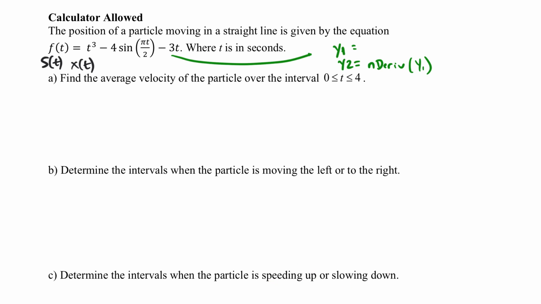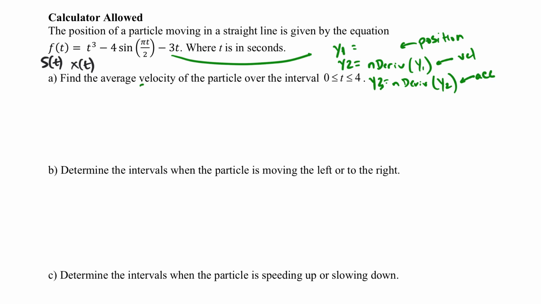We're going to need y3 to be nDeriv of y2. And let's clarify why. Over here, this is the position graph. This derivative of the position is going to give me my velocity, and this is going to give me my acceleration. Now, I'm saying put it in your calculator because it's calculator allowed, and this is going to be pretty tough to do without a calculator.